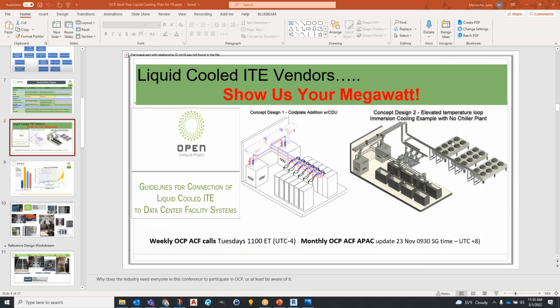Every other week we'll be doing heat recovery, which Cosmo Piccioli and Jaime Camella will be running, and then John and I will be running what was effectively the ACF portion of the call, the connections and other guidance related to liquid cooling. So Cosmo, do you want to comment on what the next heat recovery call is and what the topic is?